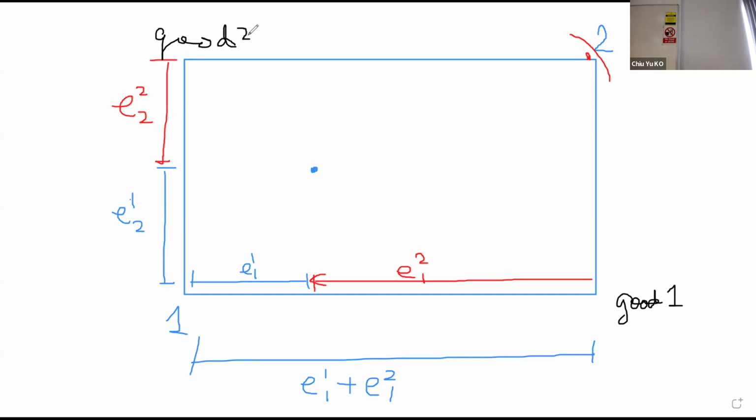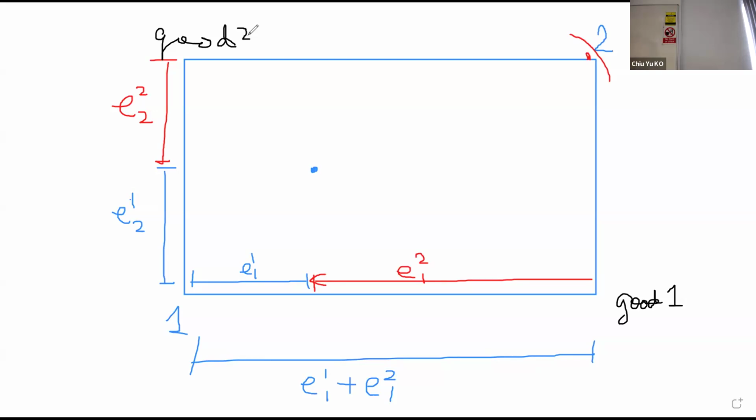So if you fully allocate and don't waste anything, then any point in this box is a feasible allocation, right? Outside the box is not. Of course, this is not a complete description because I don't allow you to throw away stuff. If I allowed throwing away stuff, it would not be a point in the diagram.